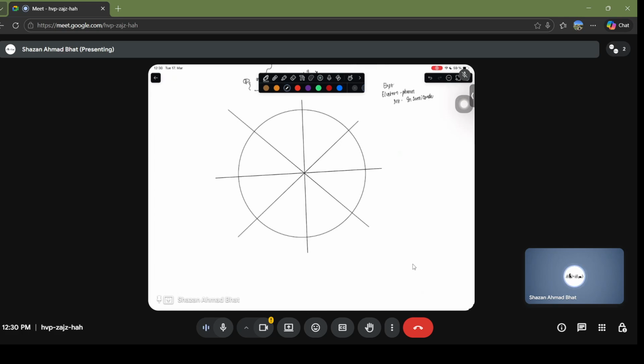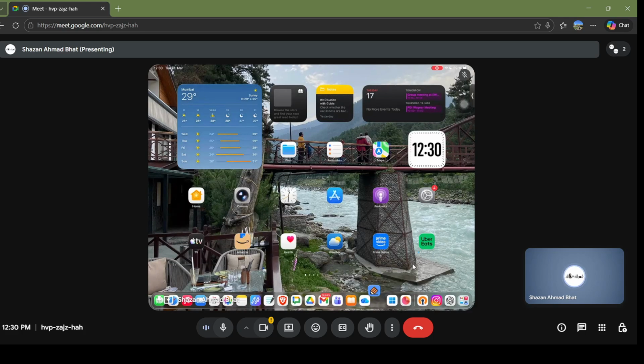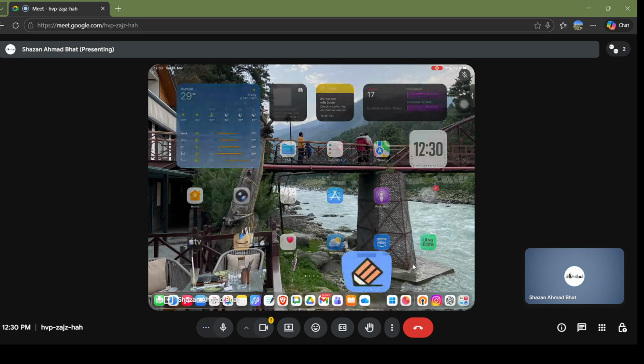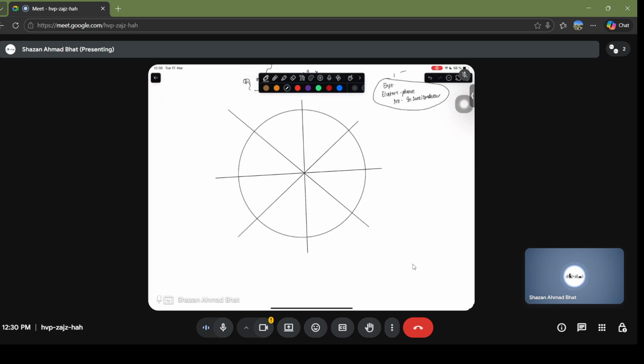So essentially we are studying electronics from the perspective of semiconductors.